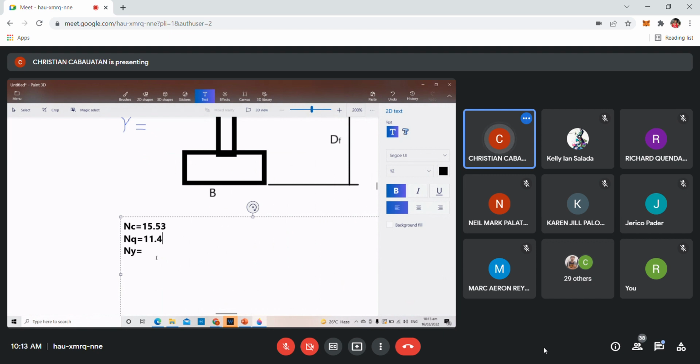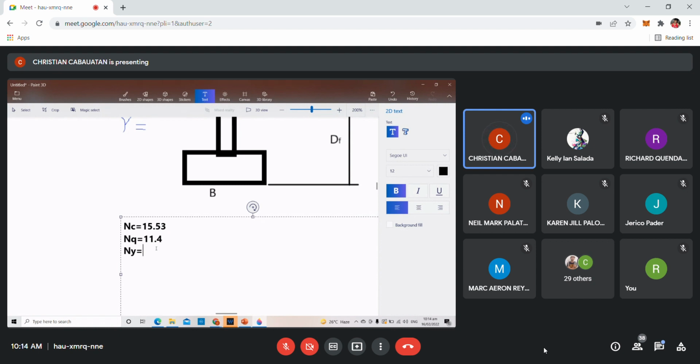Pero sometimes, students, na kapag hindi siya stated and then wala siyang subscript, it is mostly a general shear failure ang ginagamit. Pero during the board examination, kung hindi nyo makuha ng local shear failure, try nyo siya sa general shear failure.